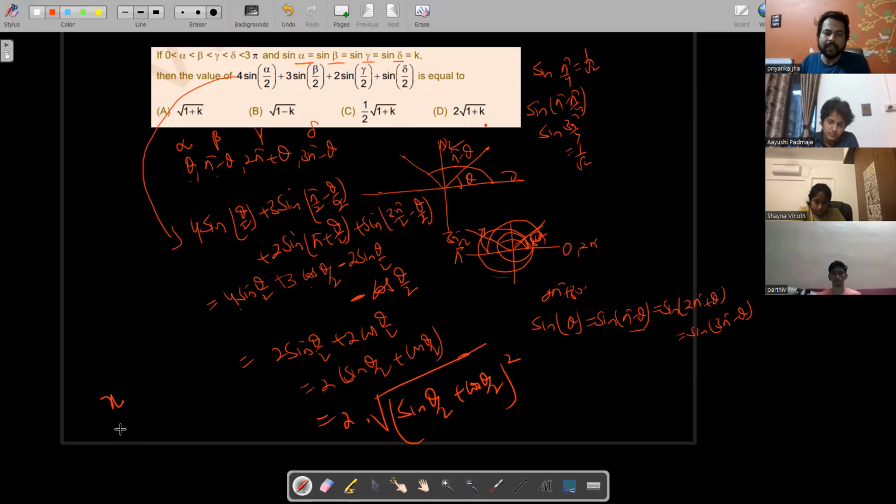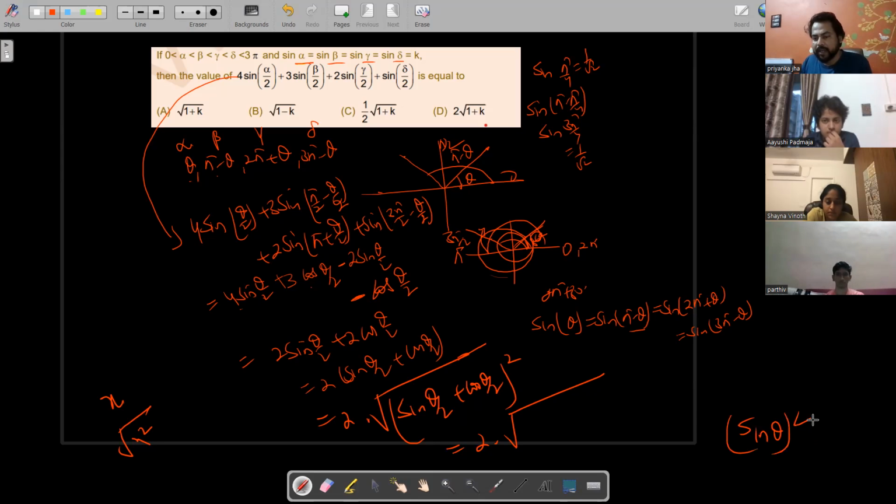So I can write this x as under root x squared, correct? Under root x squared is the same as x. Why did you write 2 into root of sine theta by 2 plus cos theta by 2 squared? See, suppose you have sine theta; I can write this as squaring it and then taking the square root as well. Balance, na? Got it?